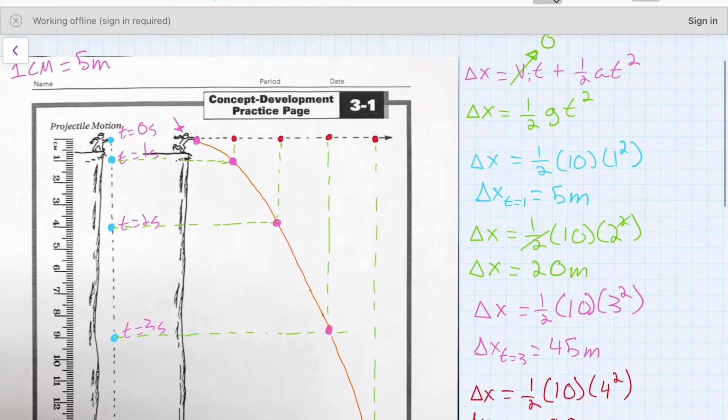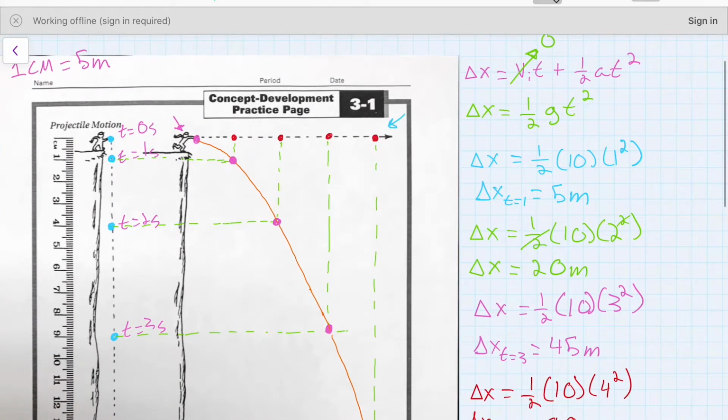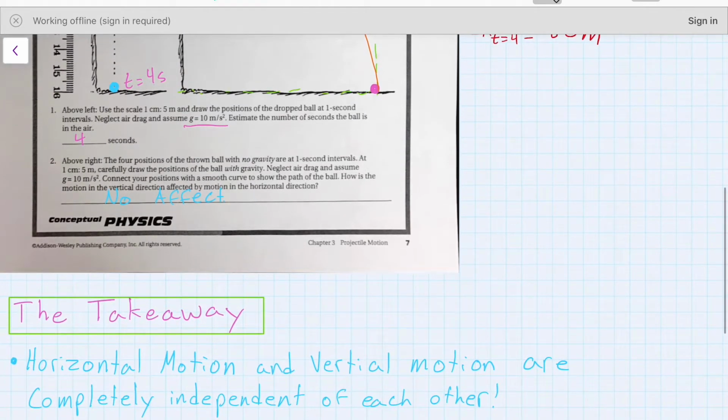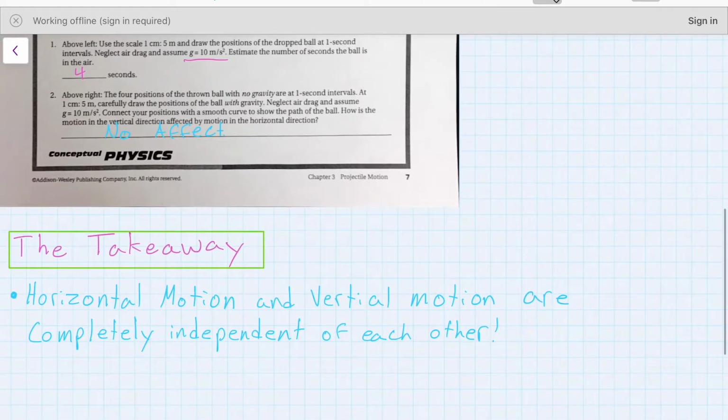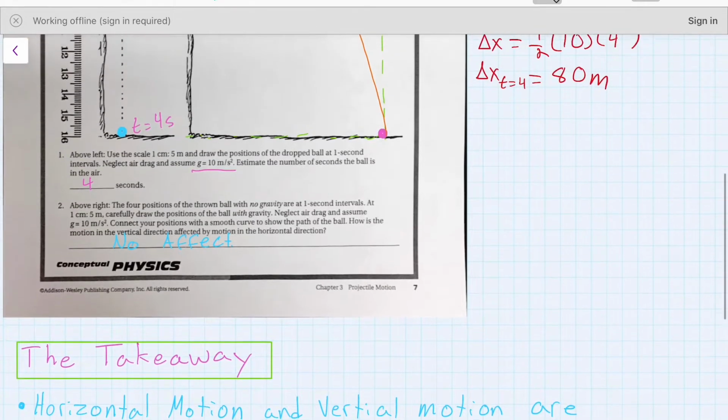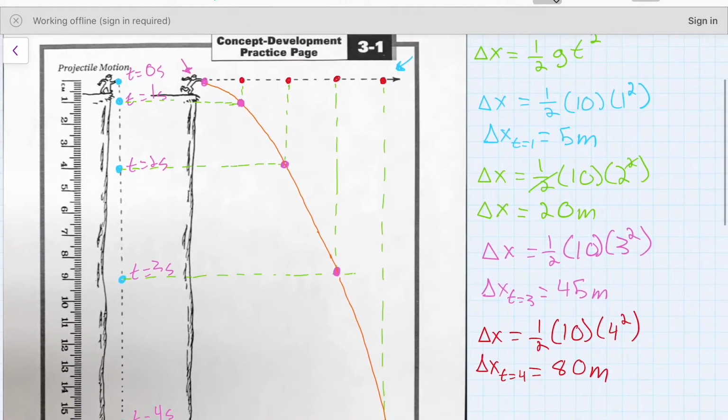It's going at a constant velocity as indicated up here, and we can see that those positions are equidistant away from each other. So the horizontal motion of that ball is a constant velocity, and it's always a constant velocity if we're not considering air resistance. And the vertical motion is accelerated by gravity.